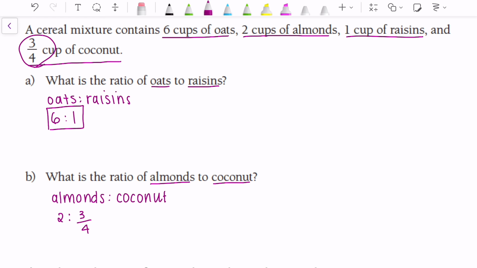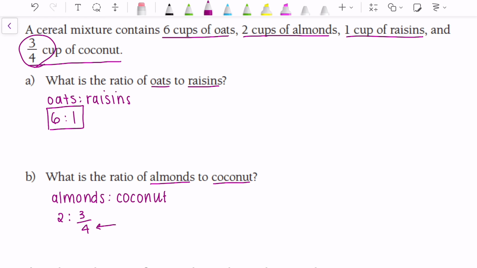You can move this 3/4 into a decimal and deal with it that way, or we can get rid of the fraction. Dividing by 4 is the situation here. With the denominator being 4, we're actually dividing by 4.